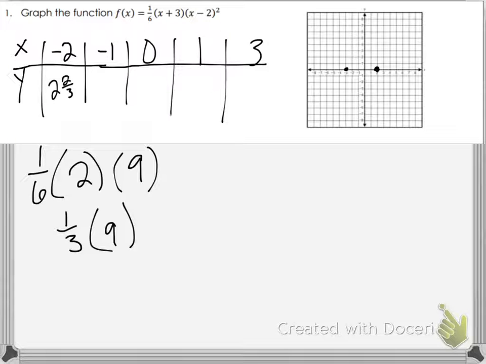And then 1/3 times 9. 3. Questions how I got that? Is everyone okay if I skip steps like that? Everyone see what I'm doing? Paying attention to what I'm doing?